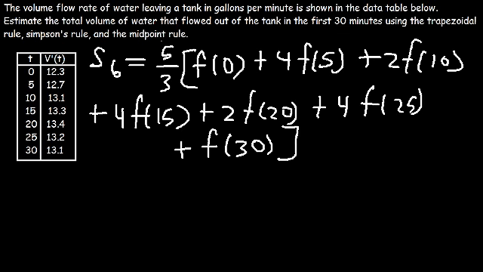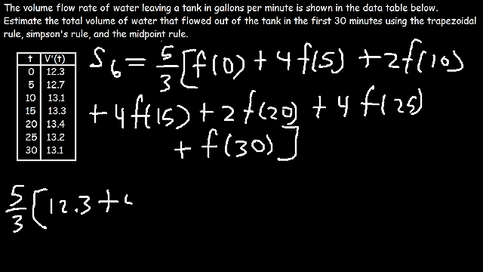So that's it for the Simpson's rule. Now let's go ahead and plug in these values. As you can see, it's going to alternate between 4 and 2 in the middle. And the first and last term will have a coefficient of 1. So we know f of 0 is just 12.3.